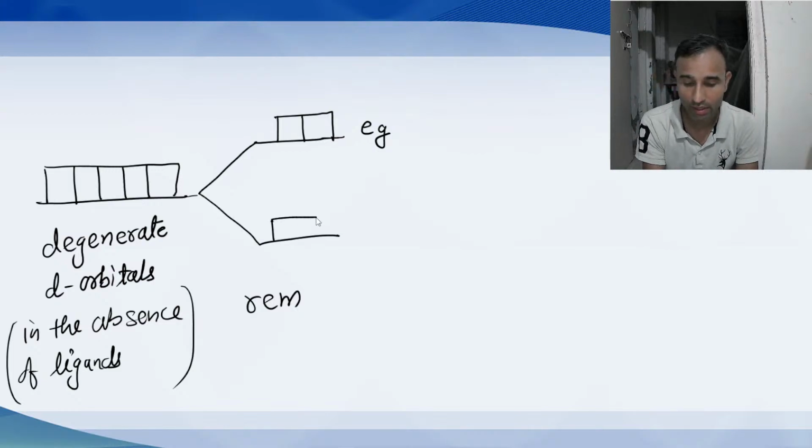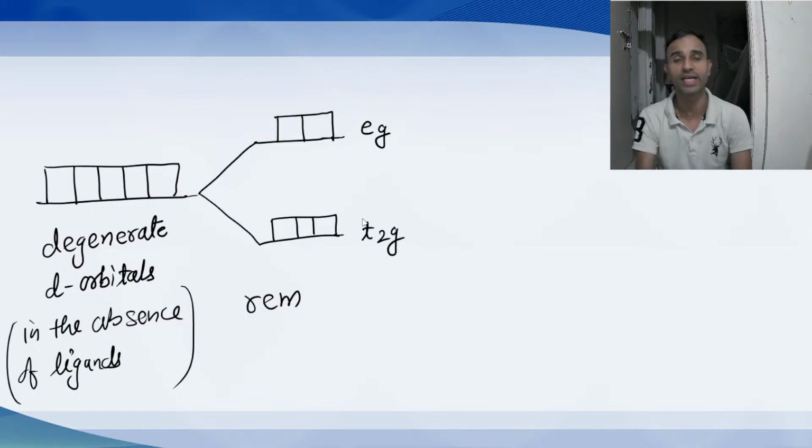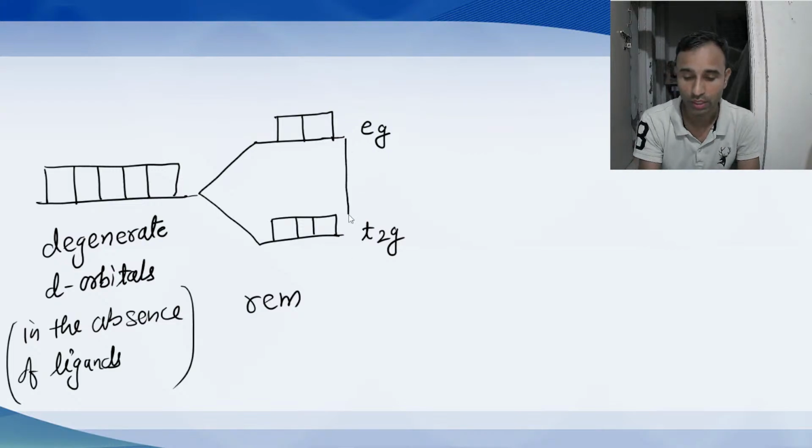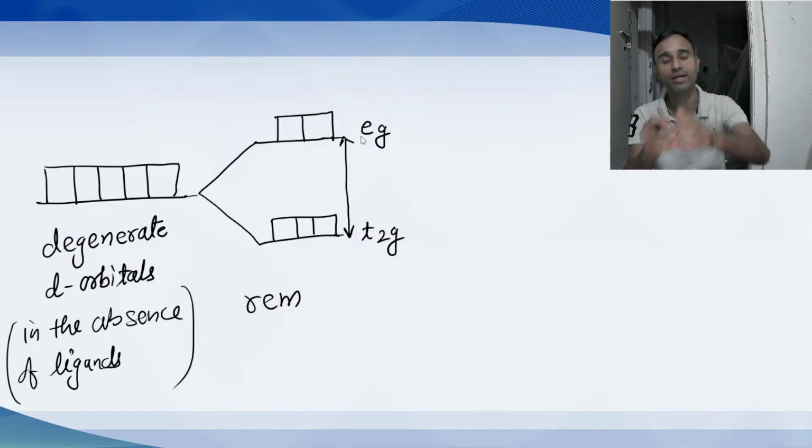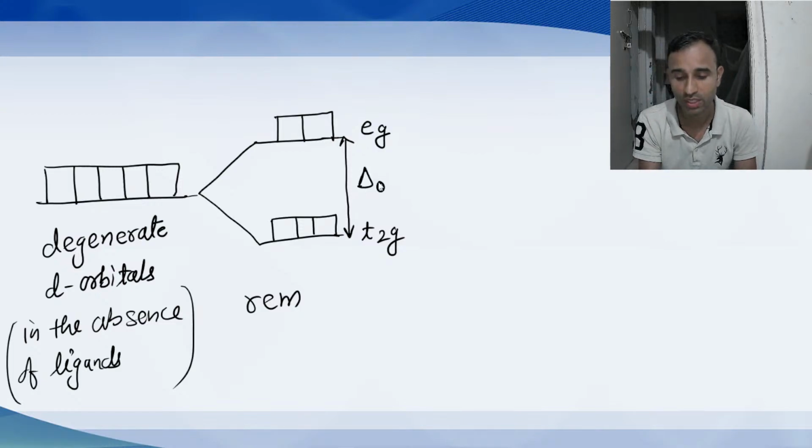For dxy, dyz and dzx, their energy decreases, and this is called T2G. So they split into two classes, T2G and EG, and the difference is called delta O.